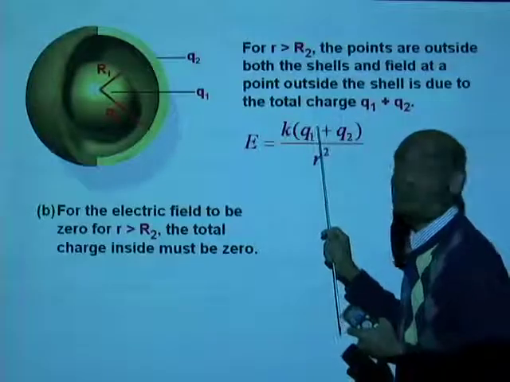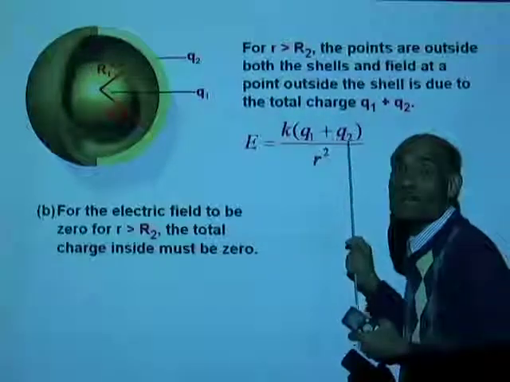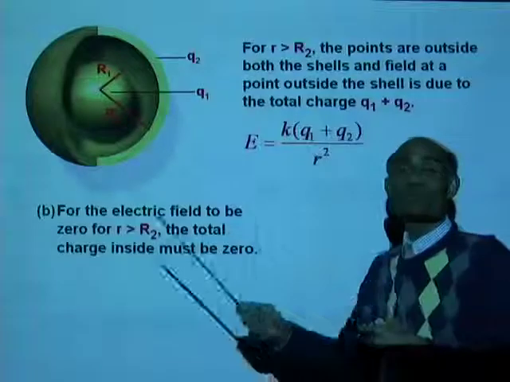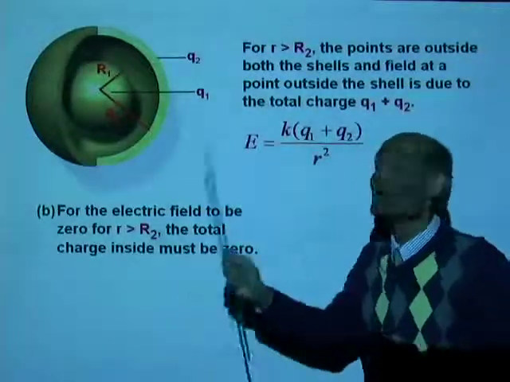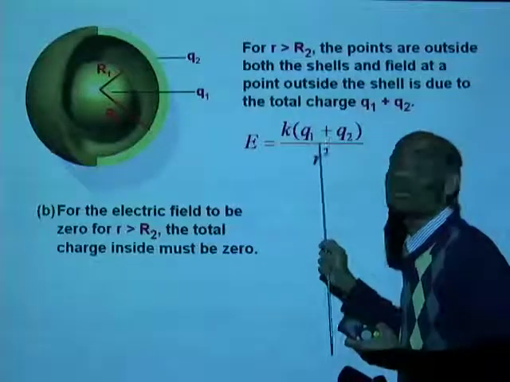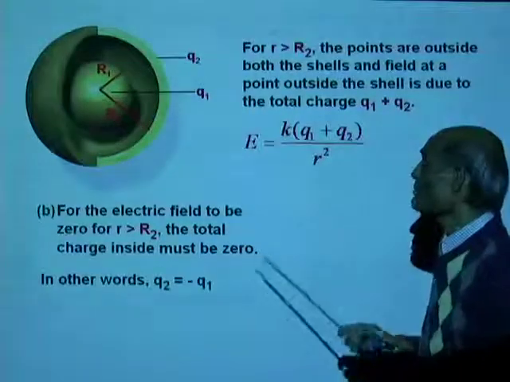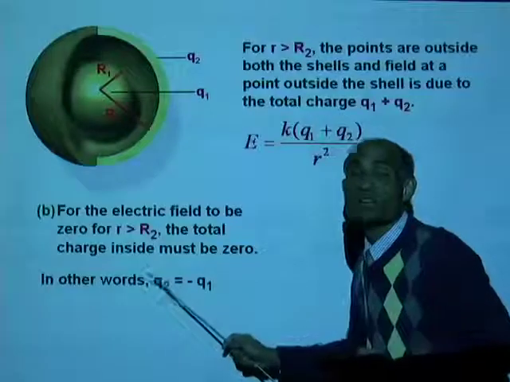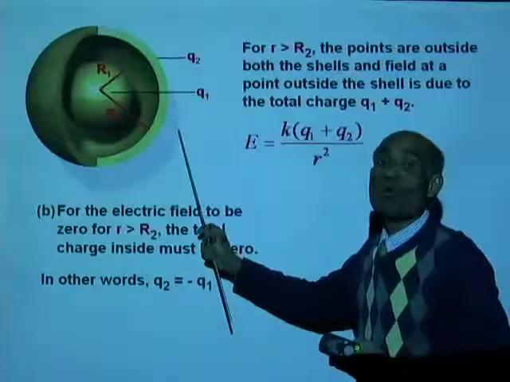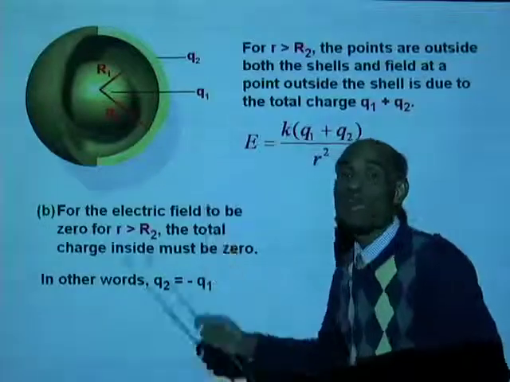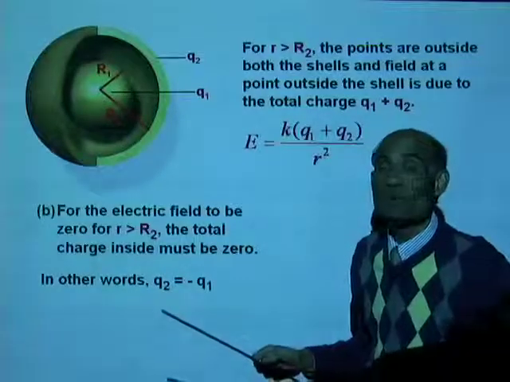This rational expression becomes 0 only when Q1 plus Q2 becomes 0. If Q1 plus Q2 equals 0, it means Q1 equals the negative of Q2. You see, this is the only way the electric field at any point outside the system can become 0.